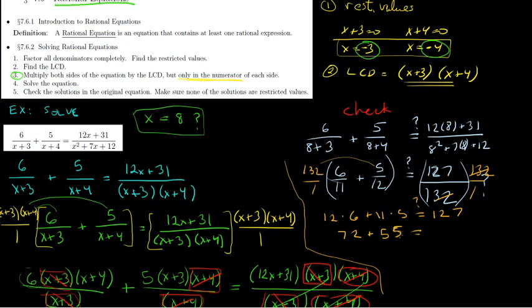Does that equal 127? 72 plus 55, my calculator says 127, and that is certainly equal to 127. So now we can erase the question mark. Now we should be absolutely certain that x equals 8 is the correct solution. And so that's the answer.